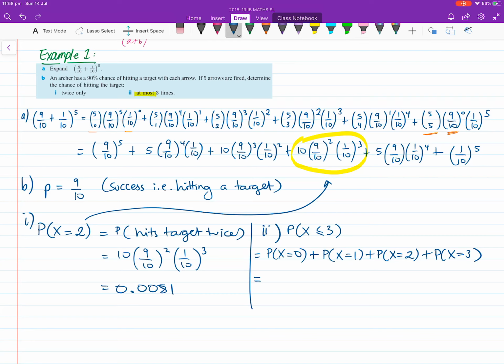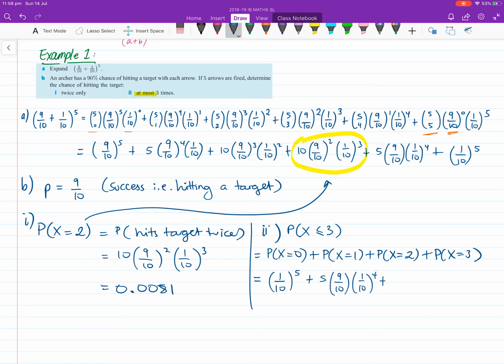Okay, so we've got 1/10 to the power of 5, right? That's the last one. Because that's when you have 0 hitting the target. Then P of X equals 1, so hitting the target once, is going to be 5 times 9/10 to the power of 1, and then 1 on 10 to the power of 4.